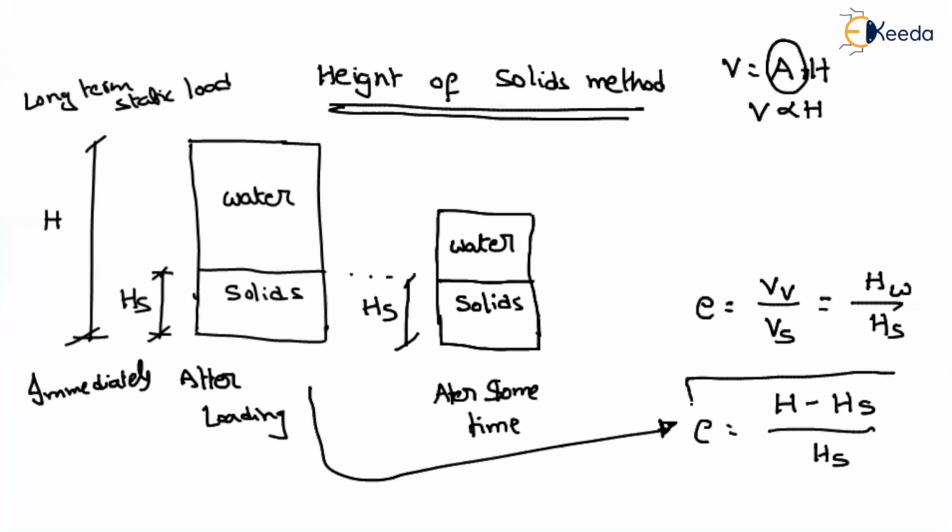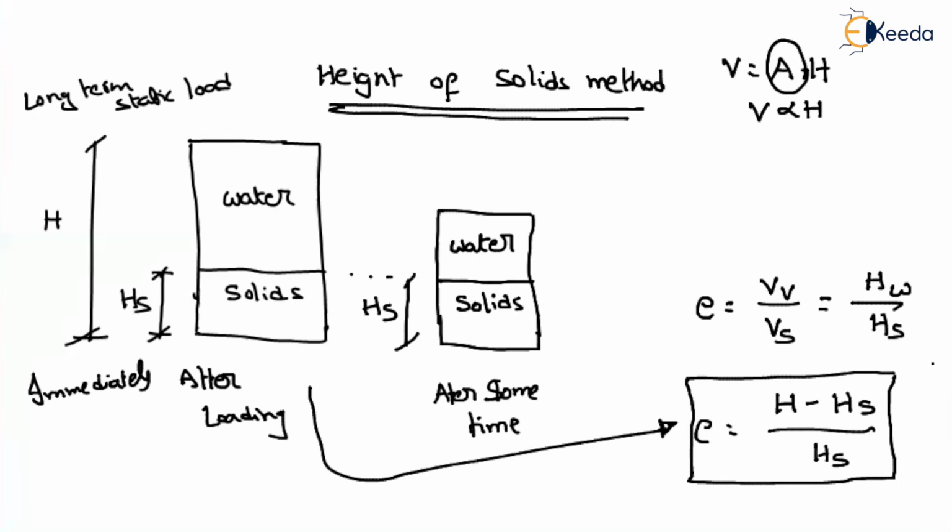If we use this relation, we can find the void ratio at any instant. As you conduct the experiment in the laboratory and keep applying pressure, the height of the soil will decrease. So at whatever time you want, the height of the soil will be directly known, and the amount of solids is constant, which means HS is constant.